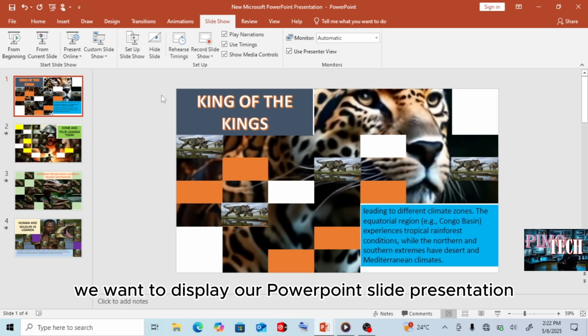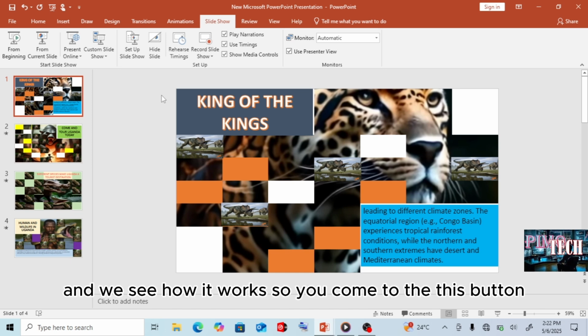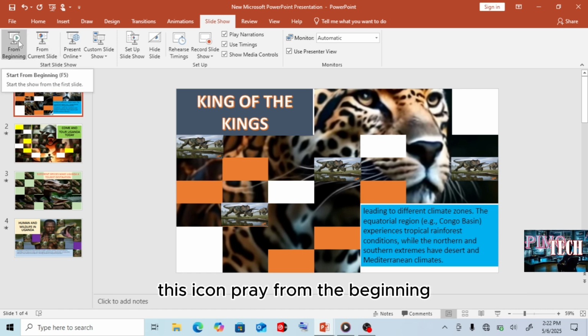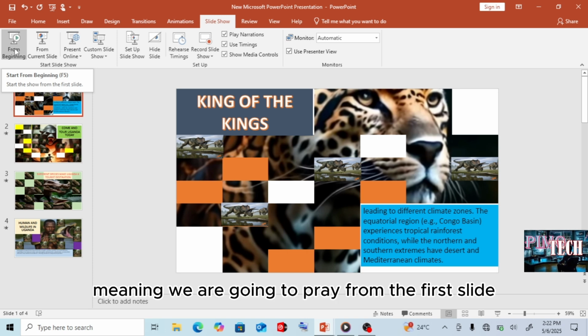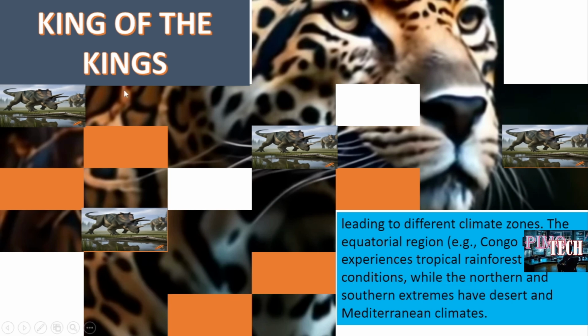So we want to display our PowerPoint slide presentation and see how it works. So you come to this icon, play from the beginning, meaning we are going to play from the first slide. This is how our first slide looks.